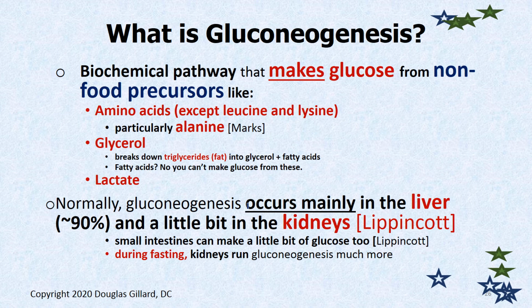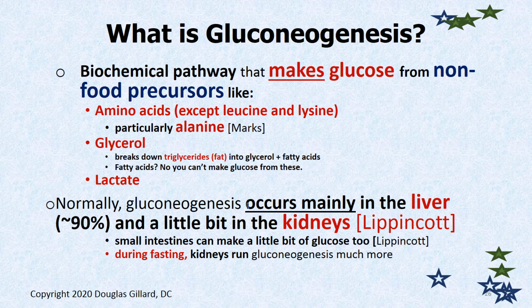We know you can make glucose from eating a piece of bread and things like that, but this is using amino acids and fat breakdown products like glycerol, and even waste from muscle use, lactate. We can use all that to make a glucose molecule, and that's exactly what gluconeogenesis does.